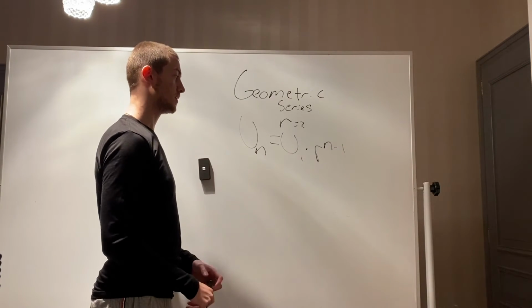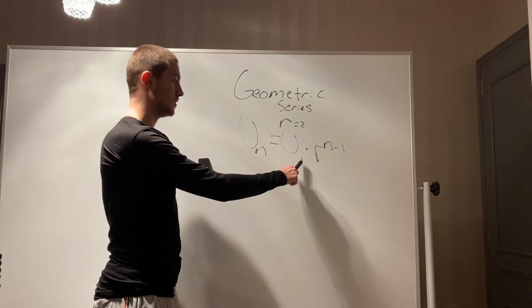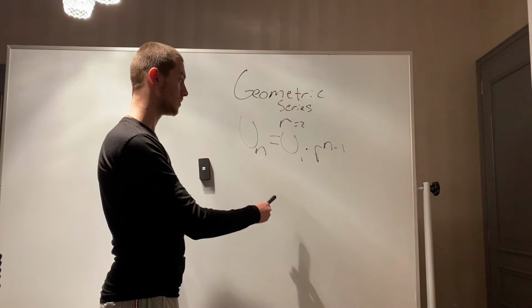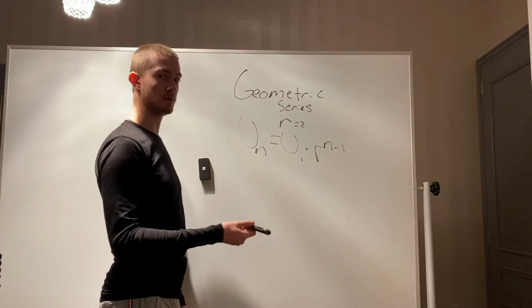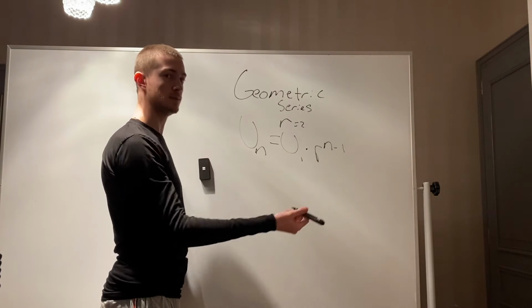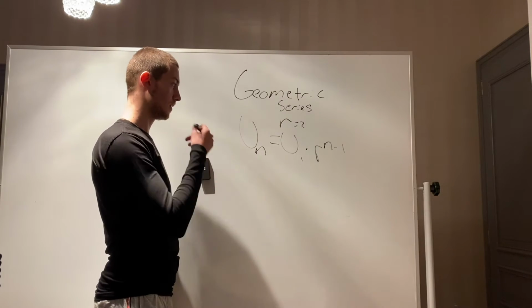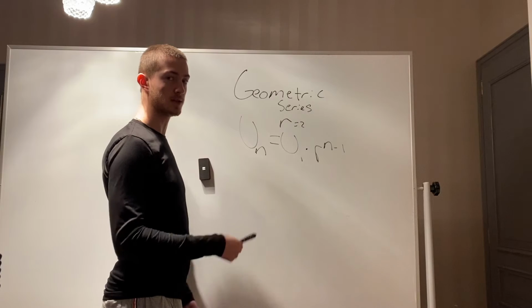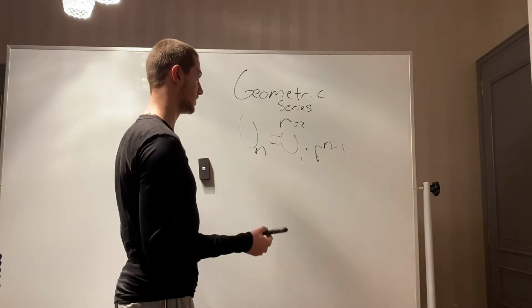If you think about it, in an arithmetic series, we take the first term and add a difference n minus 1 times. Whereas here, instead of adding a difference, we're going to be multiplying the first term by some ratio. If the absolute value of the ratio is less than 1, that's an infinite series, but that's going to be another video.